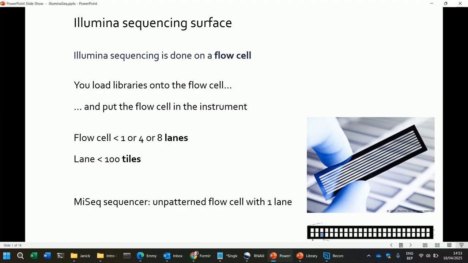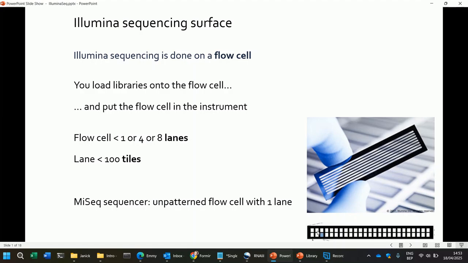At some point during the sequencing, a camera will make pictures of the flow cell. It will make pictures of every lane on the flow cell, but it cannot capture an entire lane in a picture. So what it does is it moves along the lane. The first picture that is taken will be of this part of the flow cell, so from this tile.